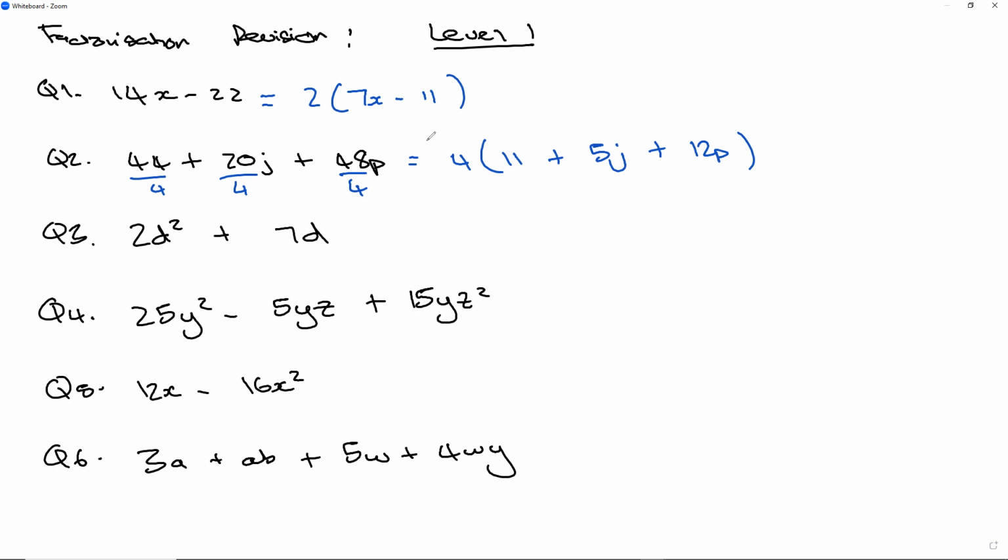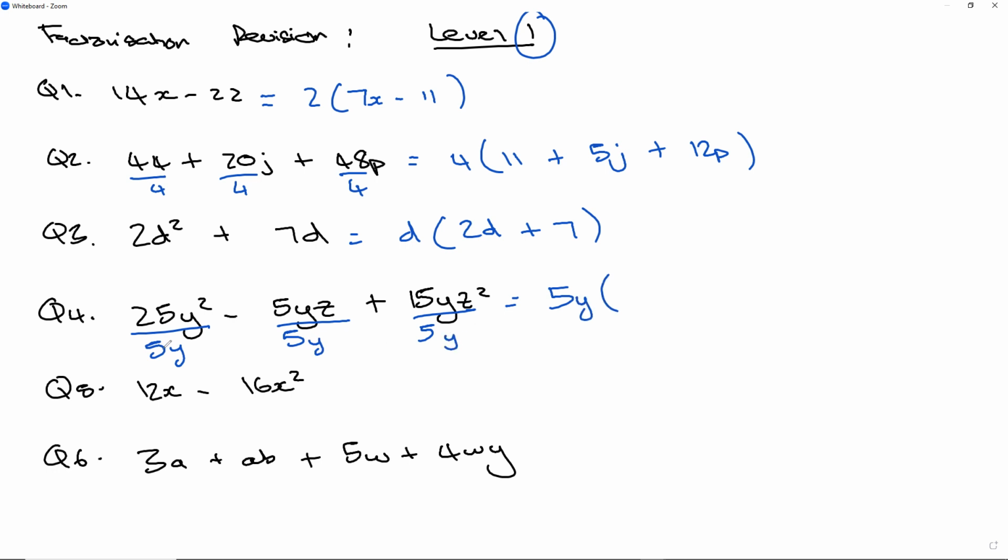So here we're just taking out a single factor. This is just level 1. The next part, if I take out d, I'm left with 2d plus 7. The next one, I take out a common 5. I can also divide each of these terms not only by 5 as the highest common factor, but also by y, but I can't divide them by z.